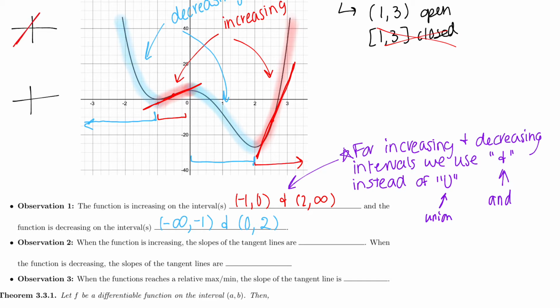A positive slope goes up like this. This is positive slope. A negative slope slopes down like this. This is negative slope. So on the increasing portions, anytime you would draw a tangent line, the tangent line would have a positive slope. Right?